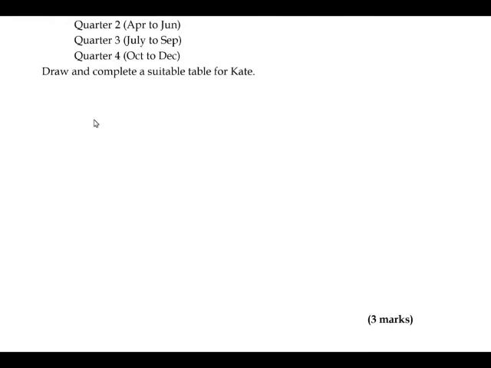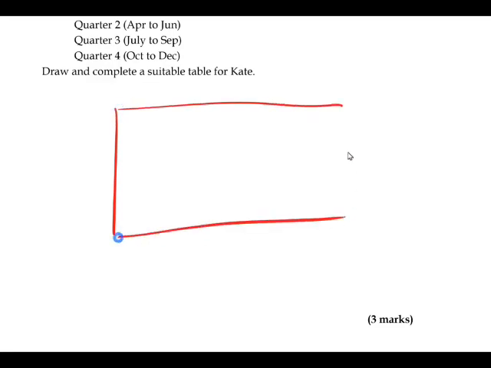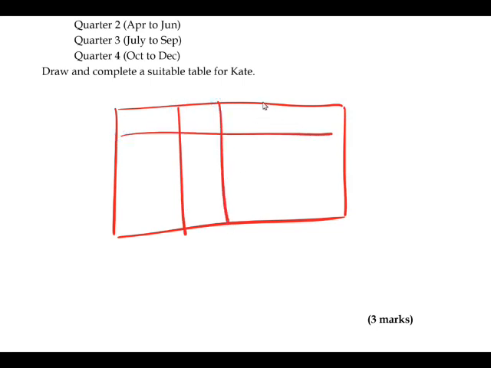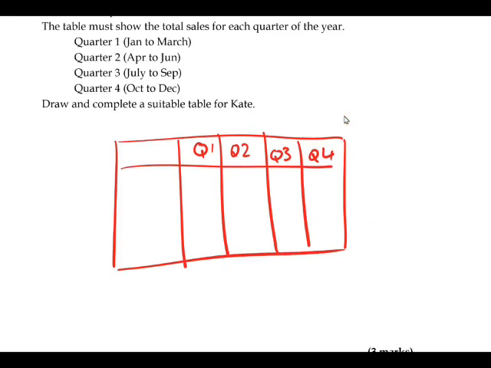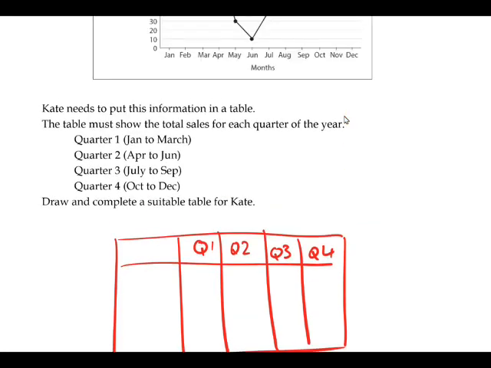So our table must have the 4 quarters of information. So quarter 1, quarter 2, quarter 3, and quarter 4. And she needs to put the total sales for each quarter in there.